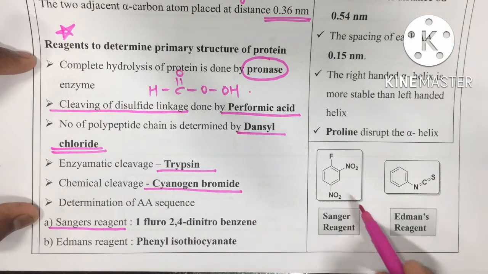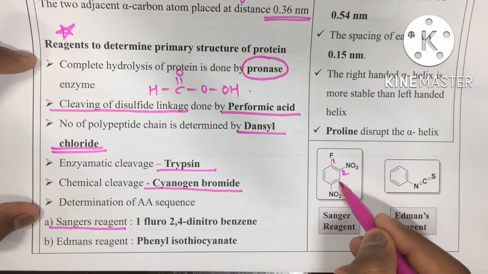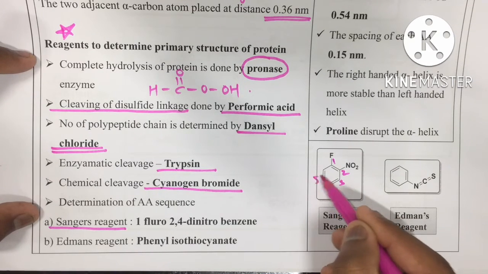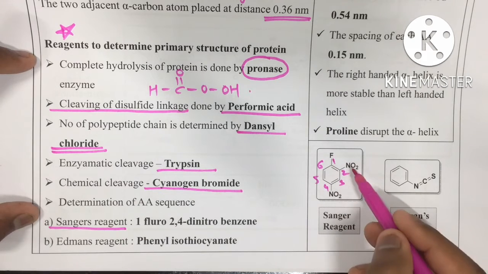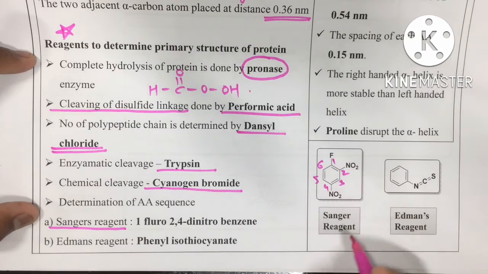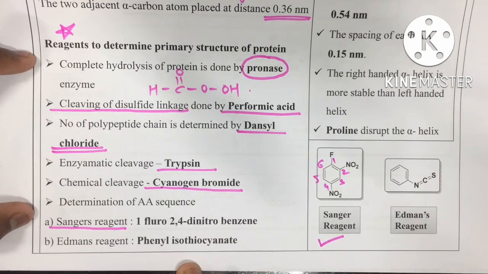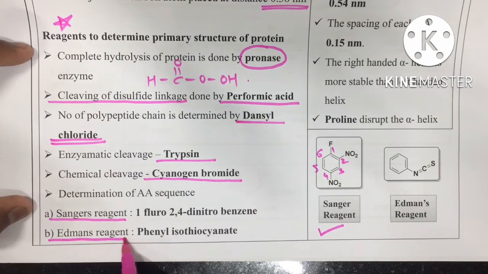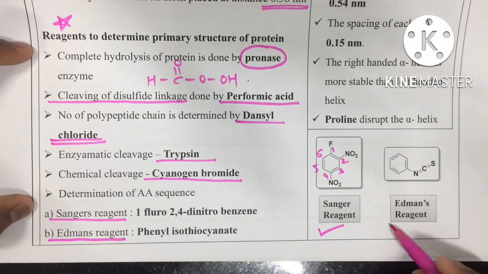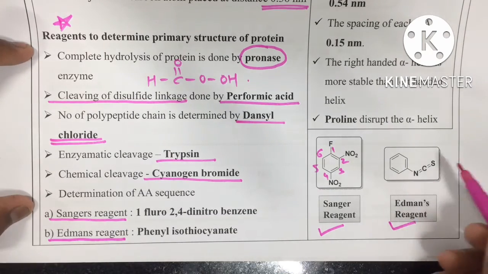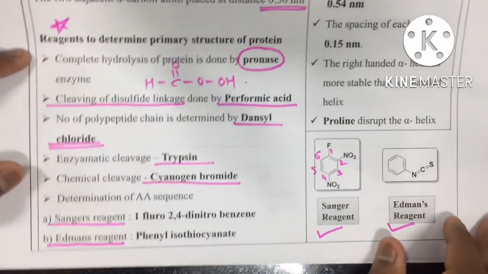Here you can see the structure 1, 2, 3, 4, 5, 6. 1-fluoro-2,4-dinitrobenzene is the Sanger's reagent, and the second reagent used for amino acid sequencing is Edman's reagent. And what is it chemically? Phenyl isothiocyanate. Here you can see the structure of Edman's reagent, that is phenyl isothiocyanate, right?